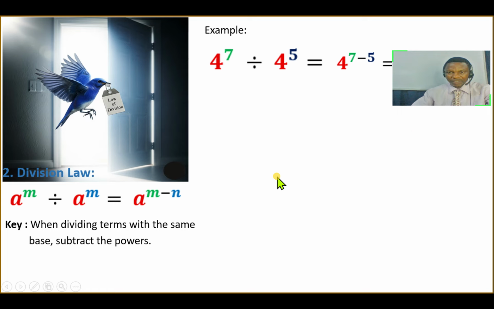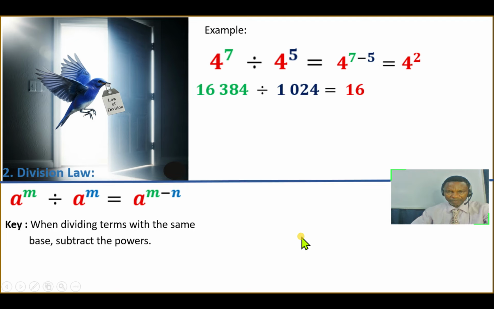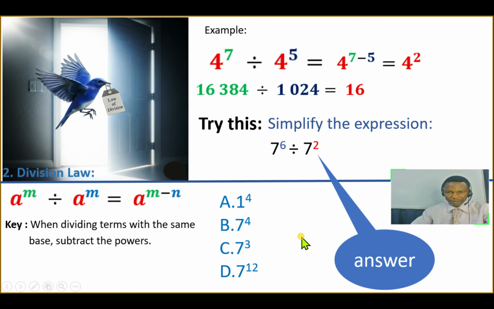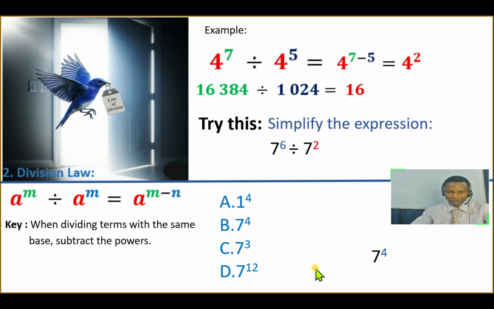If you carry out the division, you subtract the power. So that will be 7 raised to power 7 take away 5. Now simplify this: 7 raised to power 6 divided by 7 raised to power 2. So 7 raised to power 4.